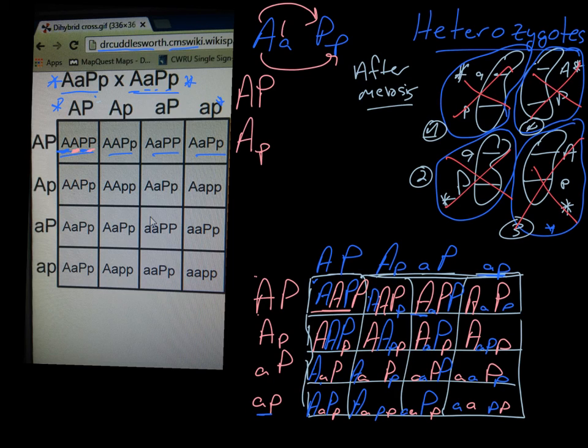Then the little one can go with the big one. So the inner goes next, FOIL. That's little a, big P. And then finally, the last, little a, little p. That's each of these. That's where they came from. This FOIL method of taking the possible combinations that could lead to these 4 possible gametes.